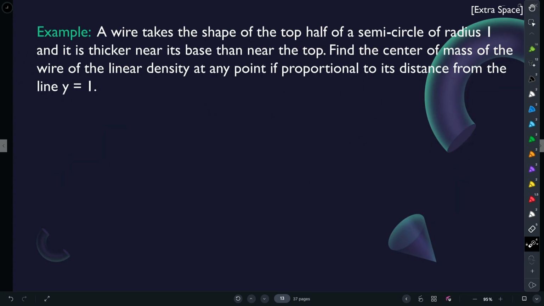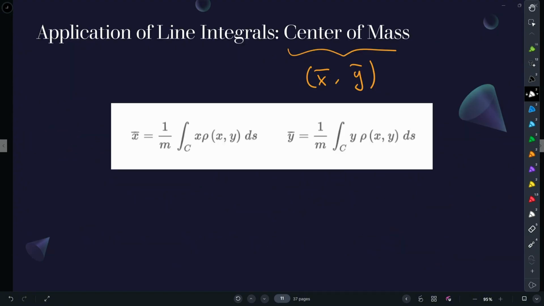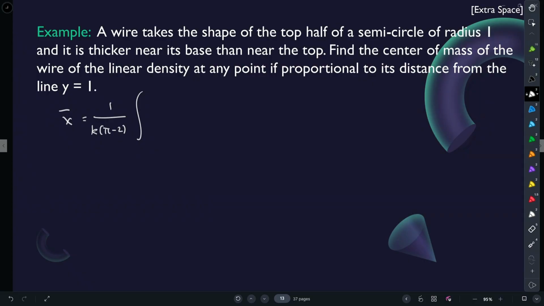Let's set up both. So the x will be 1 over the mass. The mass we calculated to be pi minus 2. I'm doing a line integral, but this time of the function x times the density. The x is cosine t times the density evaluated at x and y. So this is times 1 minus sine t times the length of the tangent of the parameterization, which is 1, times dt.